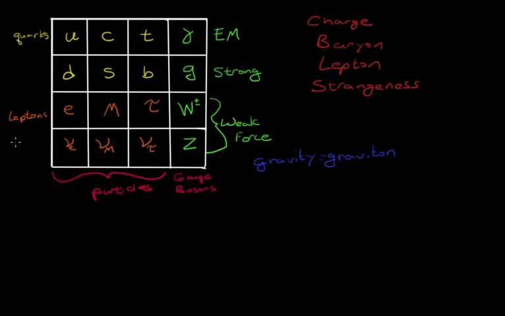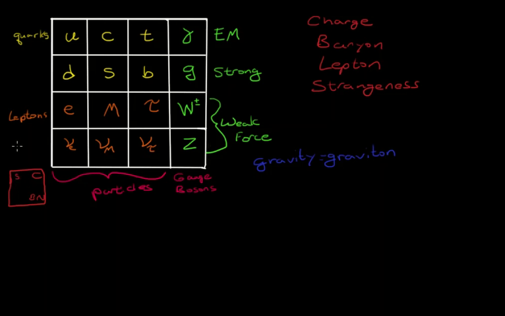Okay, so I'm going to create right down here a little box. Okay, it represents what's inside each of these boxes. So I'm going to put the strangeness number for each one of these here. I'm going to put the charge here, and I'm going to put the baryon number here.